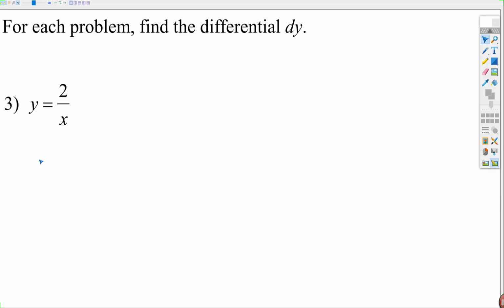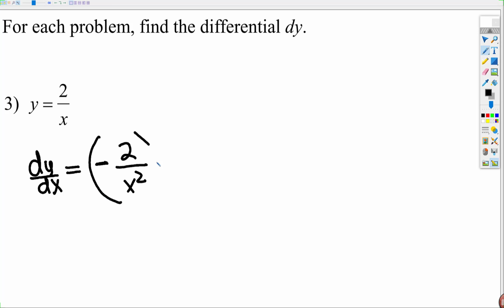All right? I'll just walk you through this. We're going to take the dy dx of both sides, so that will be negative 2 over x squared. I'll put that in parentheses, and then I'll multiply both sides by dx. So dy is equal to negative 2 over x squared dx.